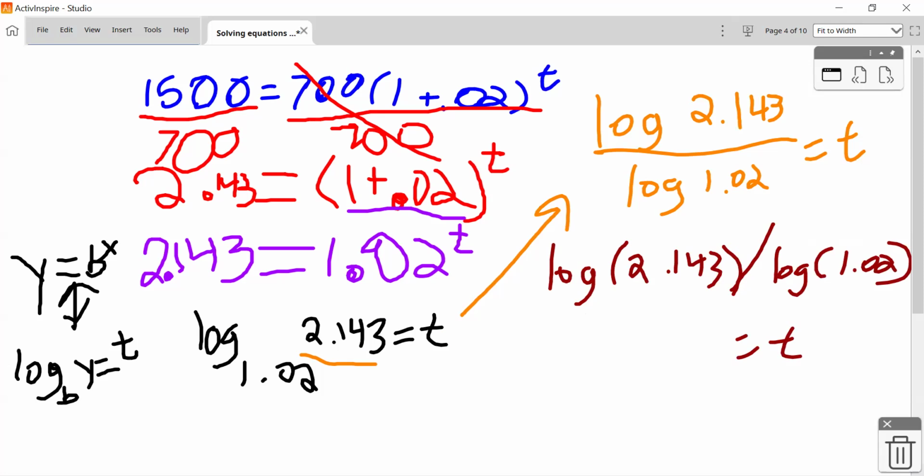Use my phone calculator real quick. 38.49 years. Okay. 38.49, or excuse me, not years, it was months. Back up, sorry, it was months. 38.49 months. So 38 and a half months, basically.